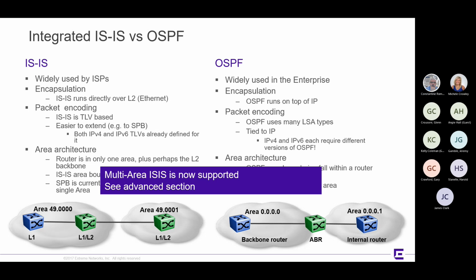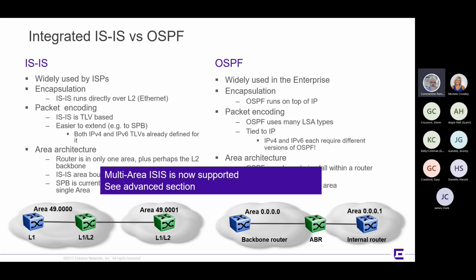So one of the things that we talked about in the earlier sessions was how with ISIS you have an integrated series of services, versus traditionally where it was services that were attached to protocols over time. For example, ISIS, a widely used protocol by ISPs, runs directly over layer 2 Ethernet.